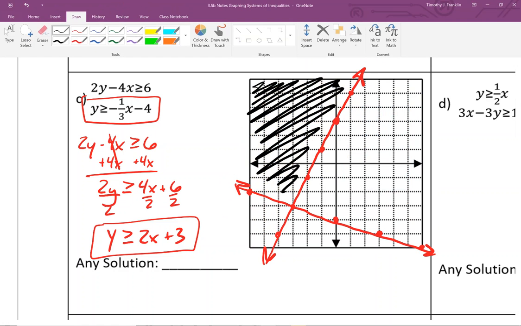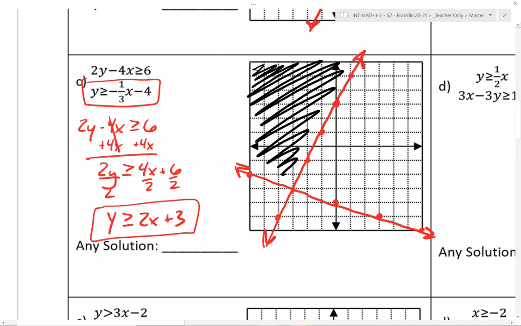Now we just need to pick one point in that area, again keeping in mind the points on these lines are okay to use because the lines are solid. Let's pick this point right here. Negative 2, 2 is a possible solution of that system, but any of those points will work fine.